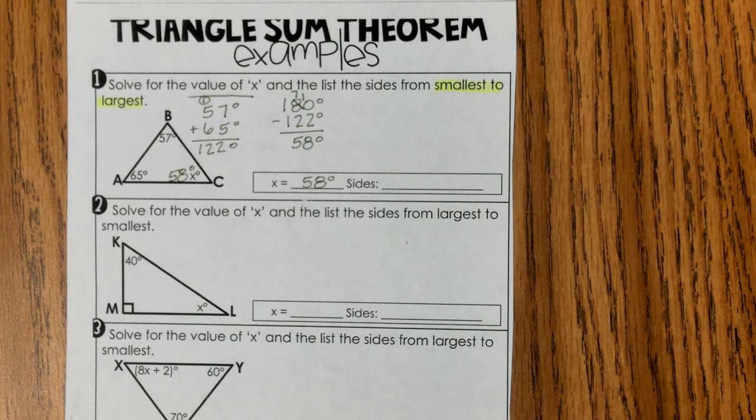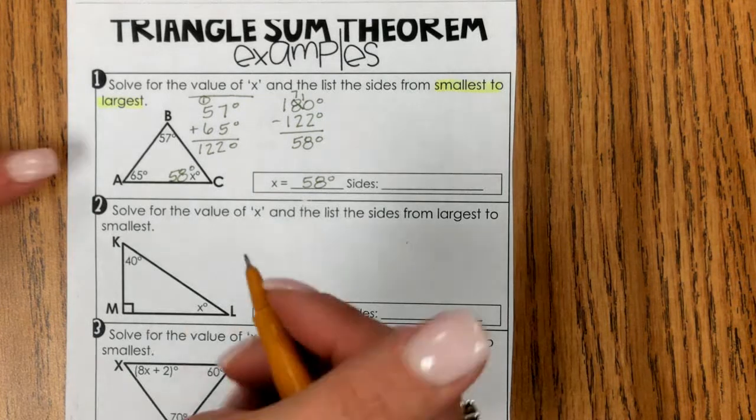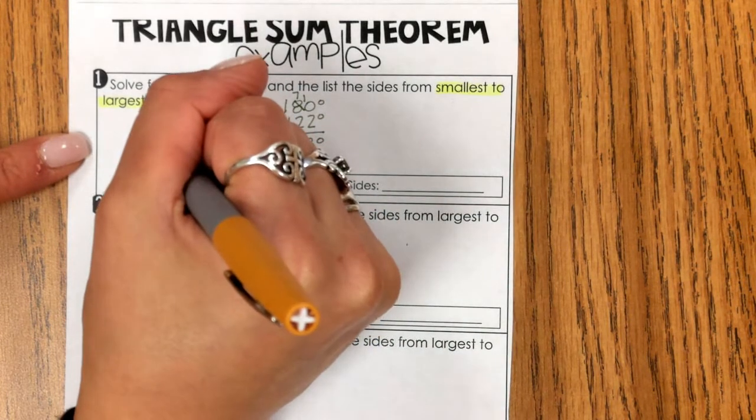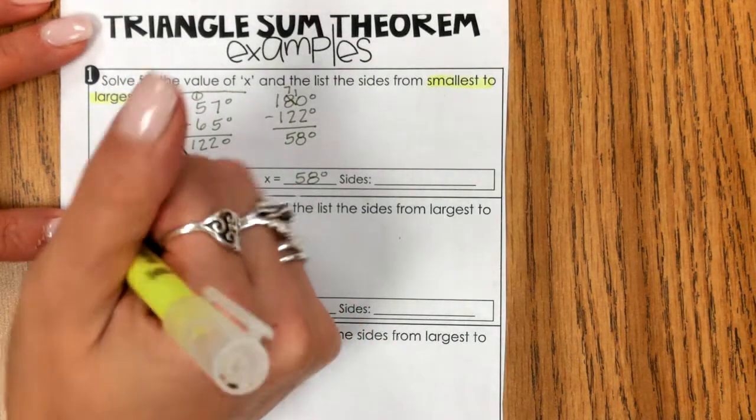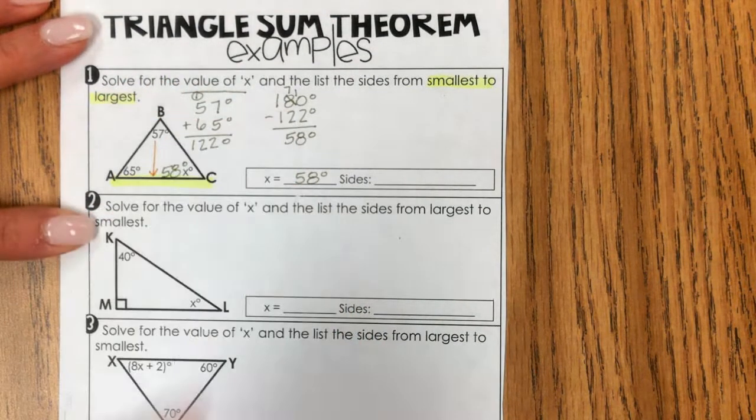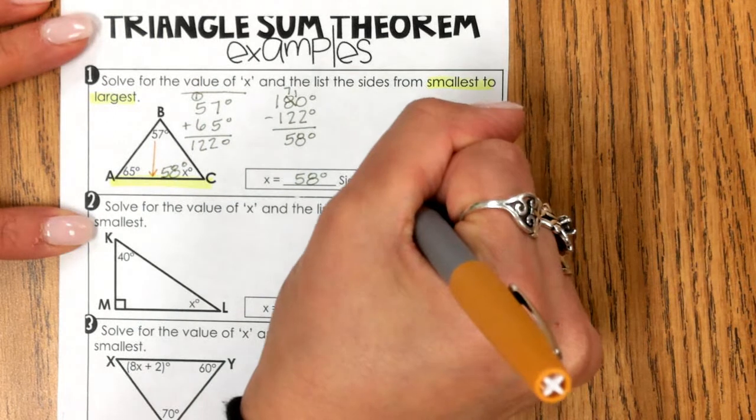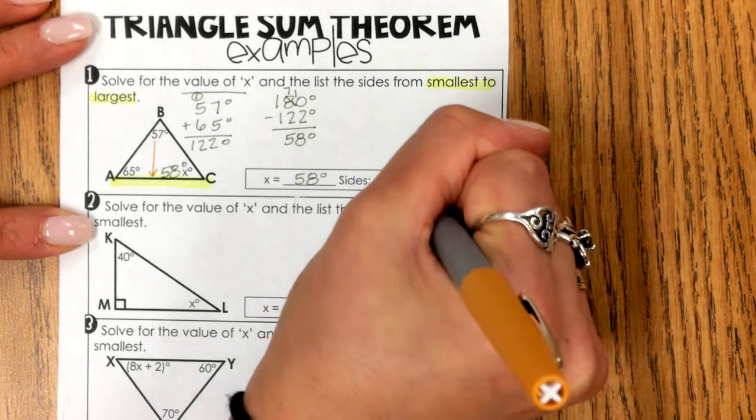Okay, now when we are ordering from smallest to largest, if I'm looking for the smallest side, how am I going to find that? Across from the smallest angle. Very good. My smallest angle is going to be 57, so across from that would be AC. Okay, we just connect the points and we name it based on that. So that would be line AC.